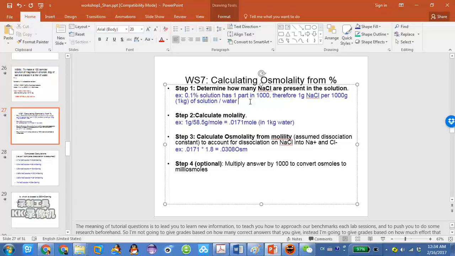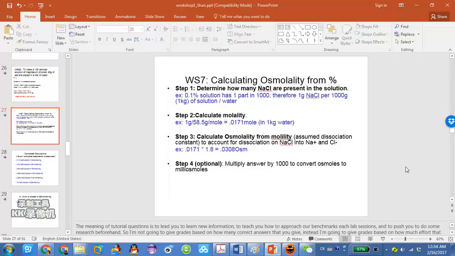Step 2 is to calculate the molality, which is the base of osmolality. When we have the molality, calculating the osmolality will be very easy. When we have 1 gram of NaCl in every 1 kilogram of water, we want to convert the numerator, 1 gram of NaCl, into moles.